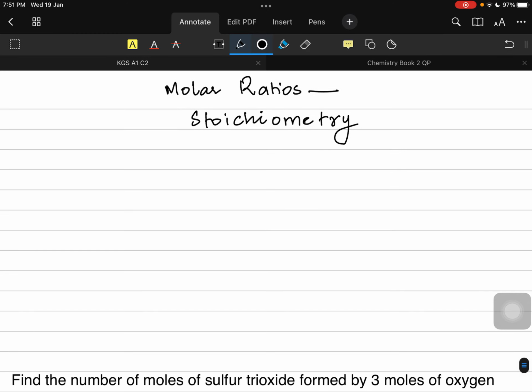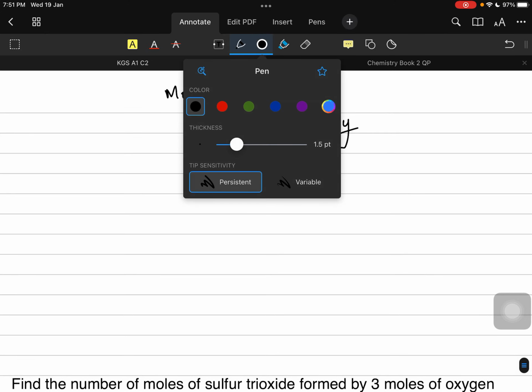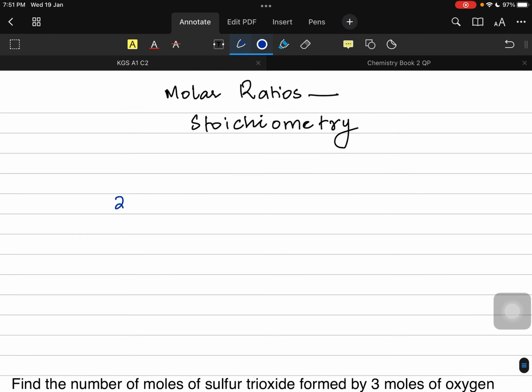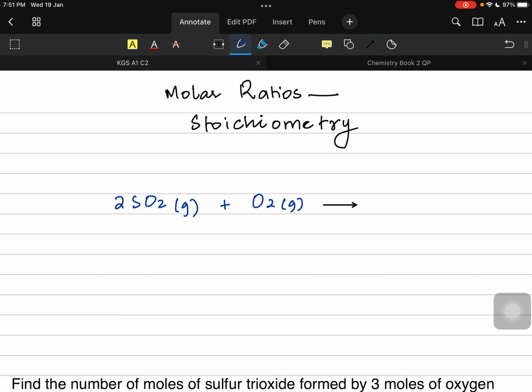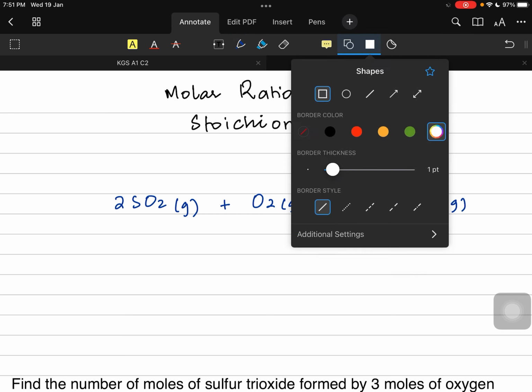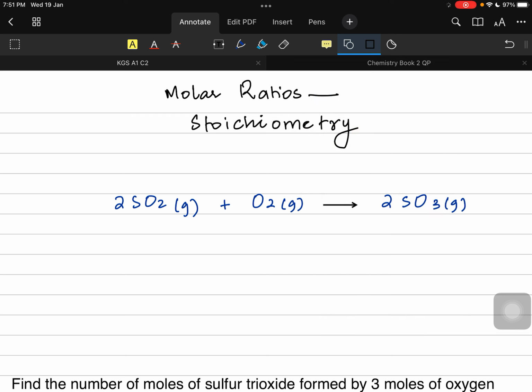For example, if we have a balanced equation between sulfur dioxide and oxygen gas, for example sulfur dioxide reacting with oxygen gas over here and gives us sulfur trioxide over here, 2 moles of sulfur trioxide. This is a balanced equation, so the number written before it would tell us the molar ratios.